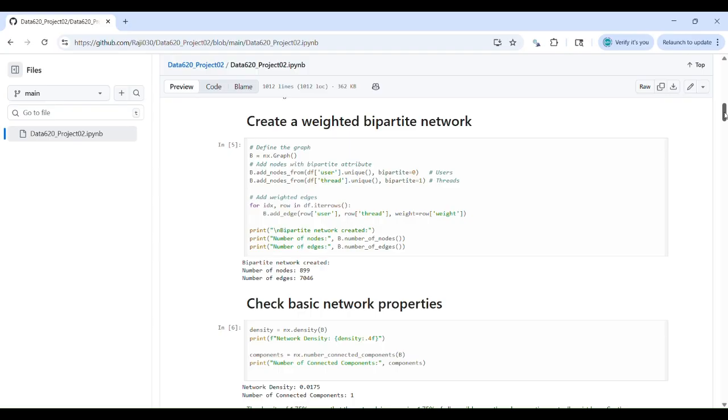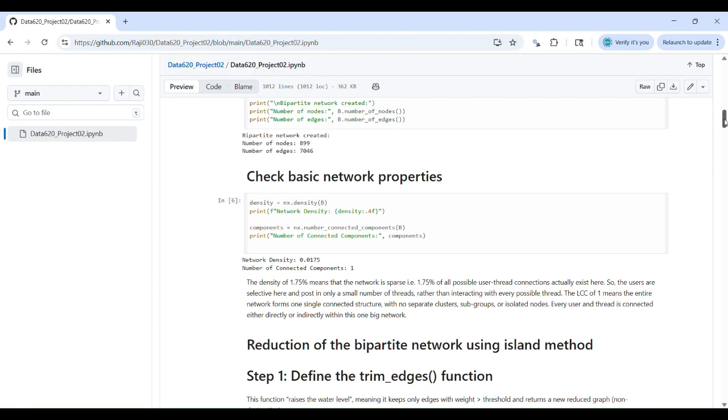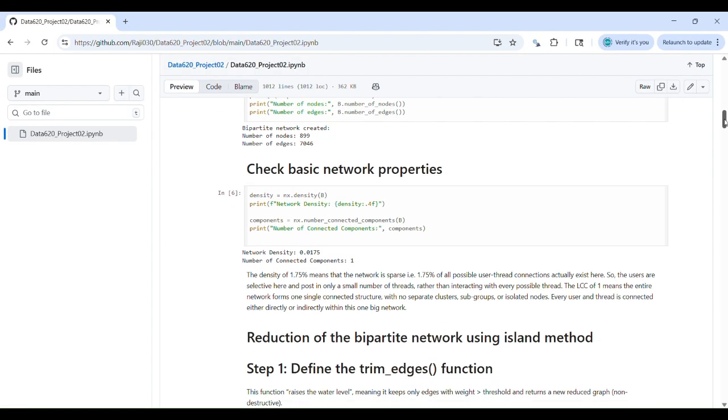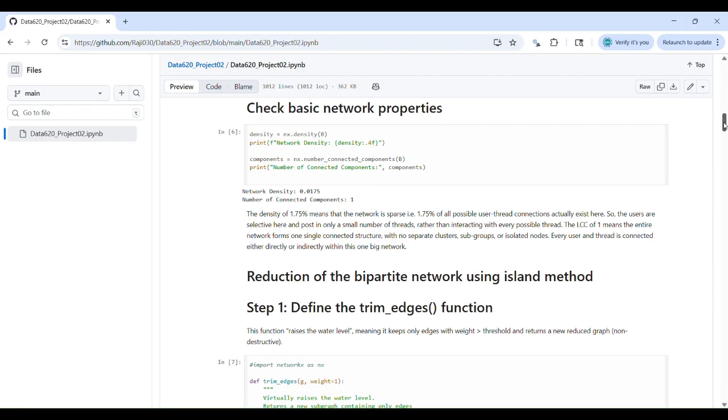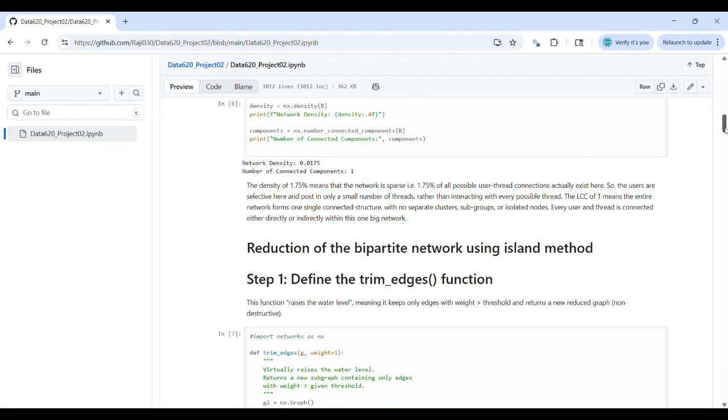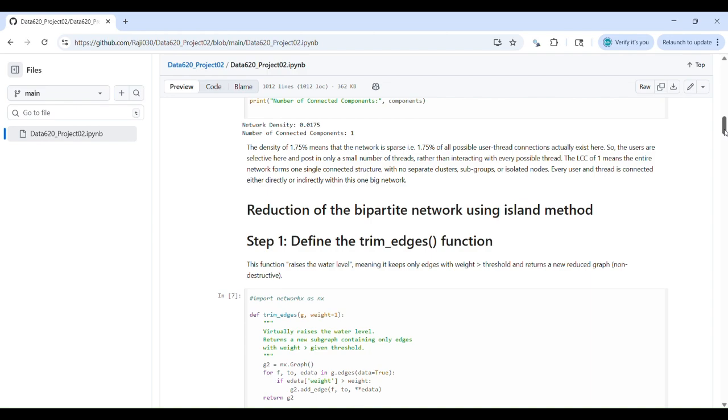Then we checked basic network properties, and the network density we found here is 0.0175, and the number of connected components is 1. The density of 1.75% means that the network is sparse. That is, 1.75% of all possible user-thread connections actually exist here.